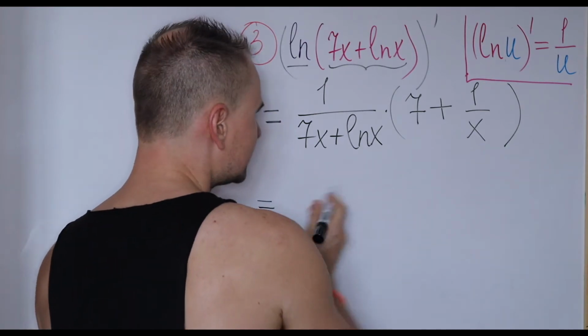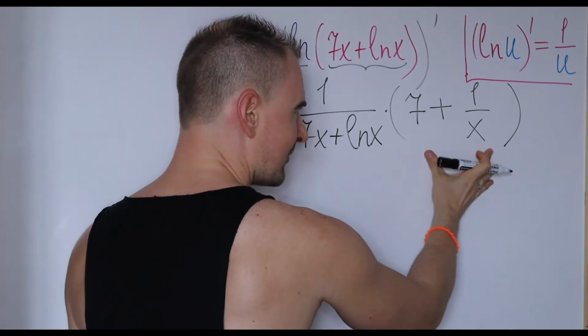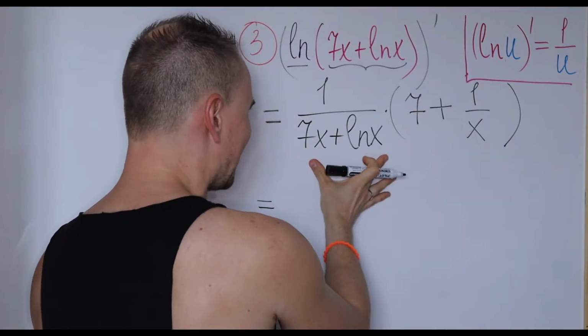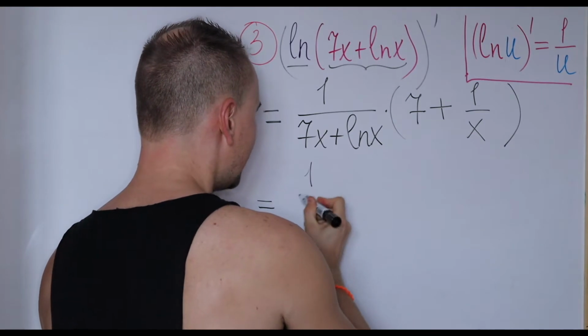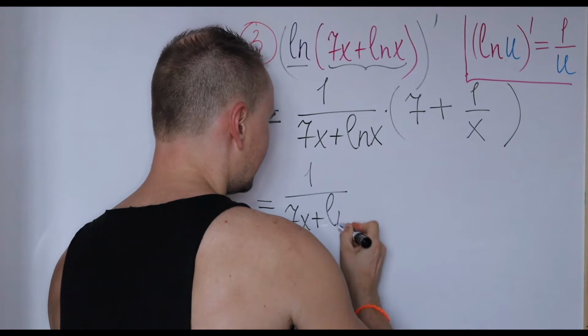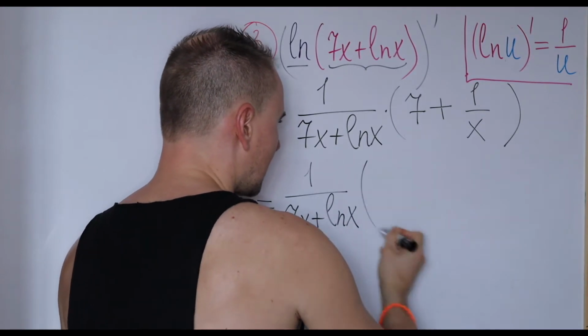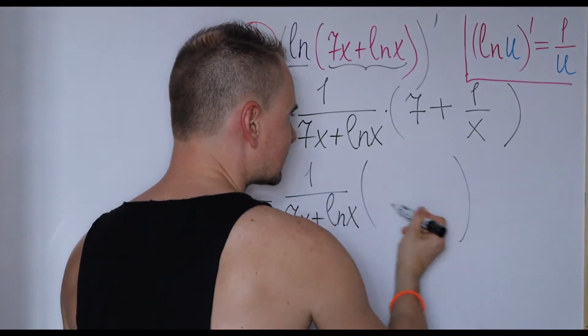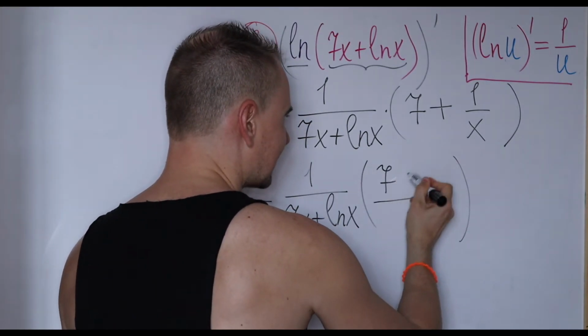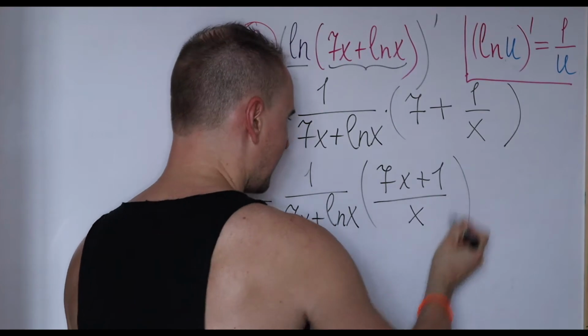I would just get the common denominator inside the parentheses, and I'm going to rewrite the first term as is at this point. So it's 1 over 7x plus ln of x times, so the common denominator is going to be just x, and 7x plus 1 goes on top.